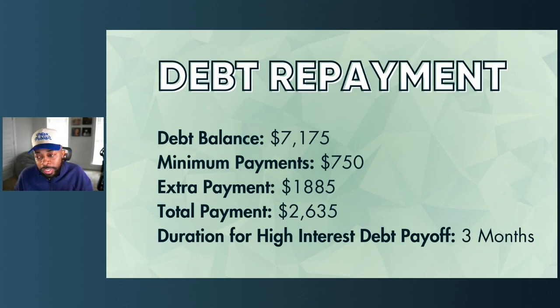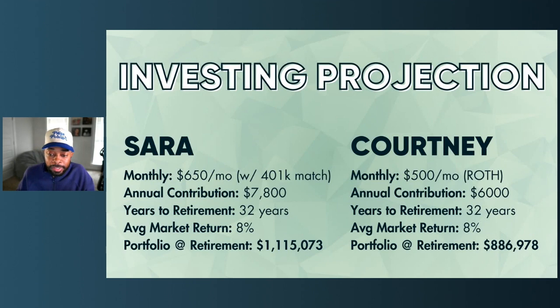And with that information, what I always like to do is to show people, if you do pay off your high interest debt and you get to where you can start investing, I always try to do an investment projection for them. So I just want to go over Sarah and Courtney's investing projection. I just did this based on if they have $0 in any investment accounts right now.